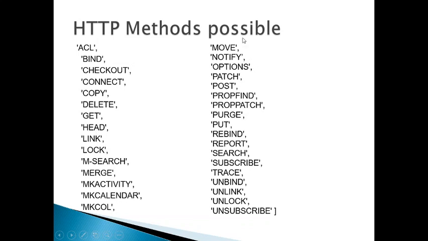We will use options, patch, post, put. These are the methods we will use in our REST API. You can use other ones also, but in a normal CRUD application, these methods are used. So these methods will be used onward. These are all the possible methods you can send to a server.